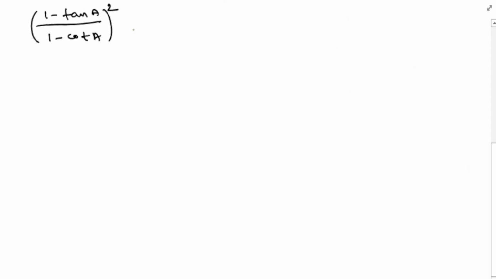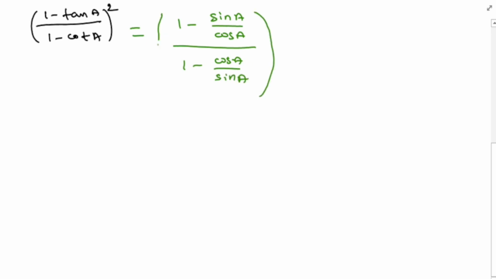You can solve this one in another way also. 1 minus sin A divided by cos A, divided by 1 minus cos A divided by sin A, whole square.